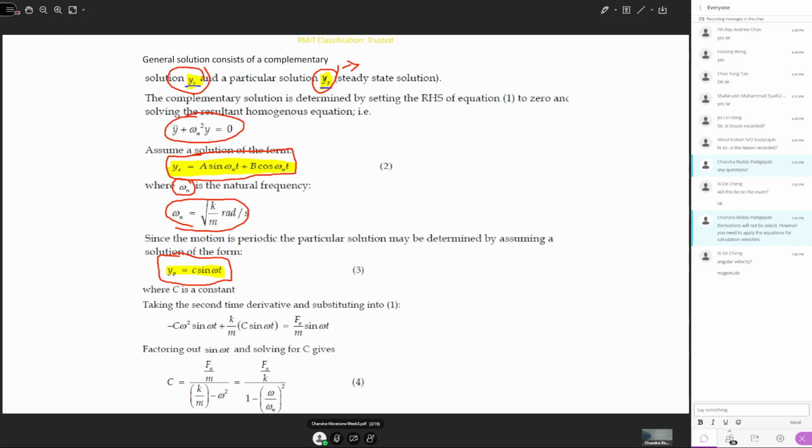To solve this, you need to write the first derivative, yp dot, and then the second derivative, yp double dot.